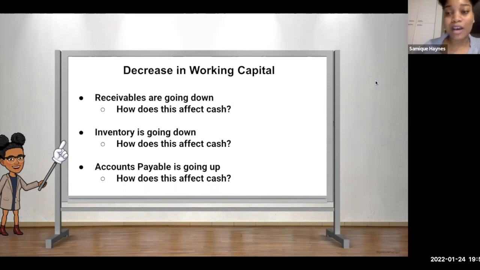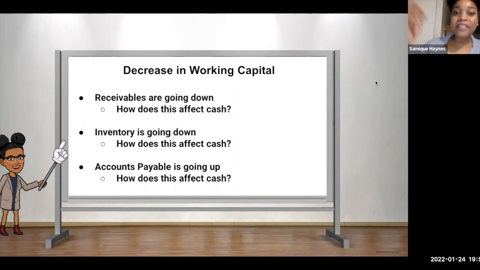Inventory is going down. That's another current asset. How does that affect cash? What causes our inventory to go down? Exactly, a sale. We're making a sale, so that should increase our cash.